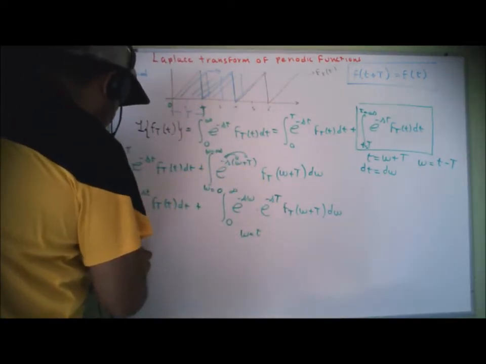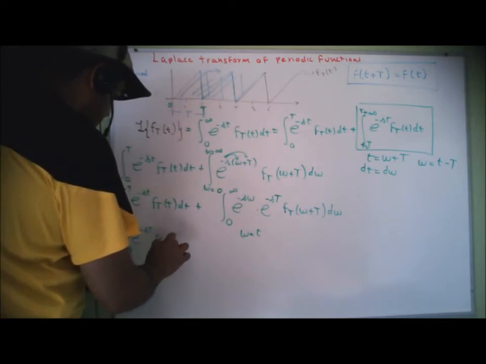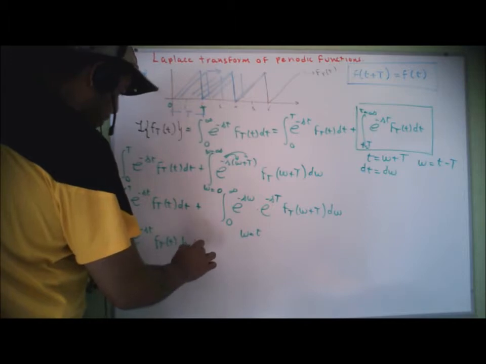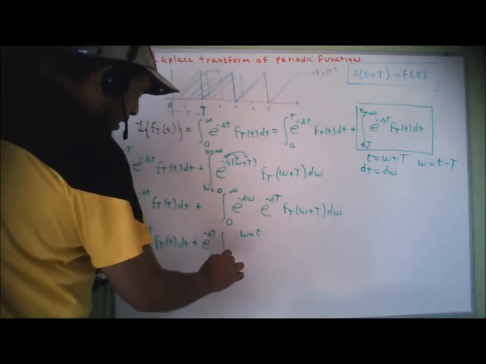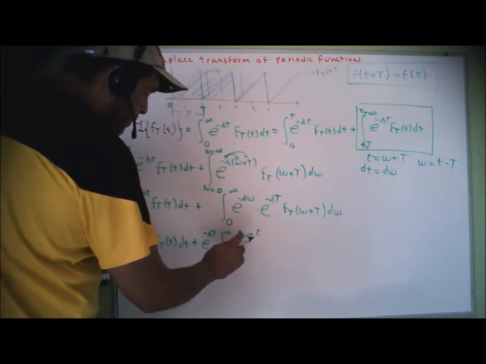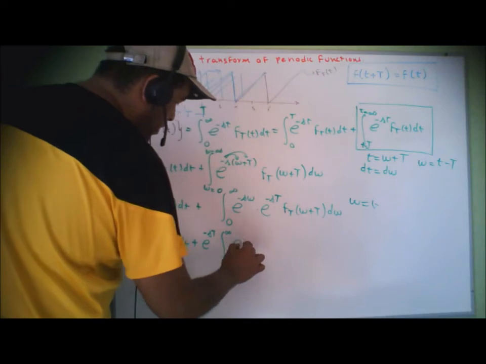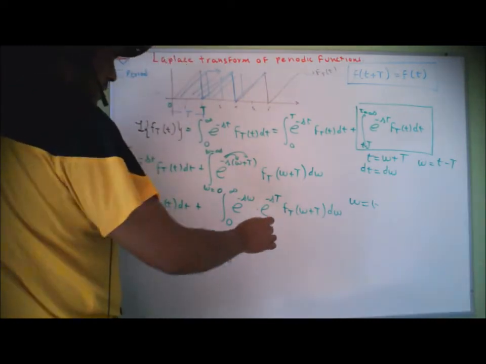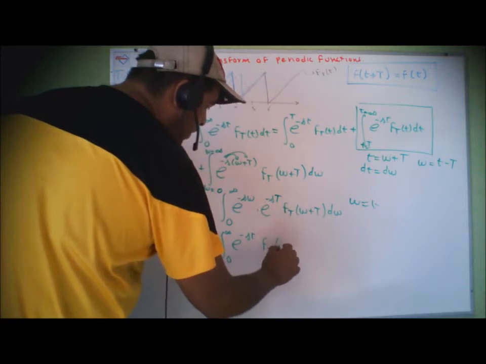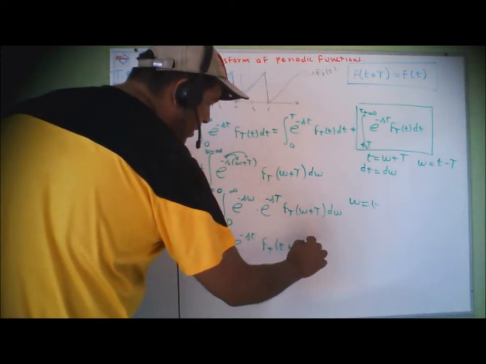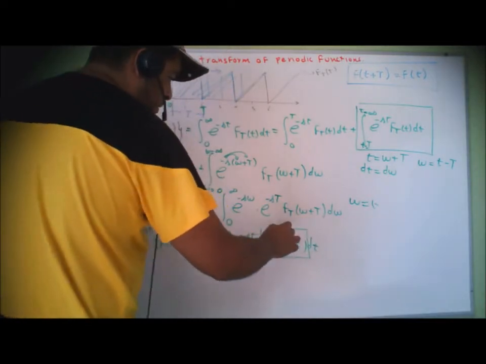So this is equal to the integral from 0 to capital T of e to the minus st, the periodic function, dt, plus e to the minus s capital T, times the integral from 0 to infinity of e to the minus st, f of (t plus capital T), dt. Now, have you seen this before?